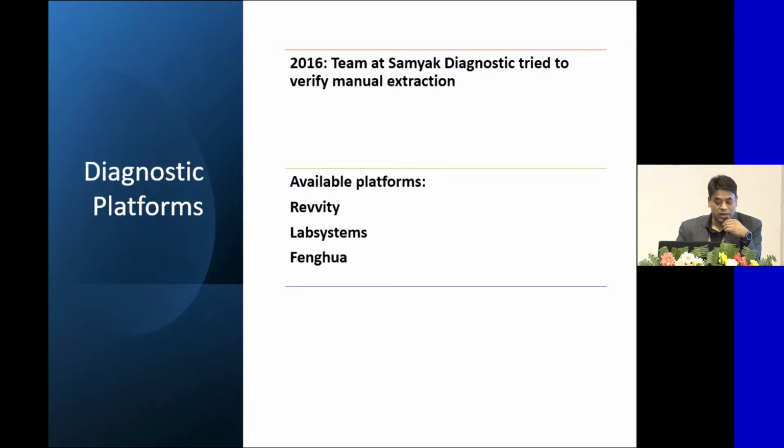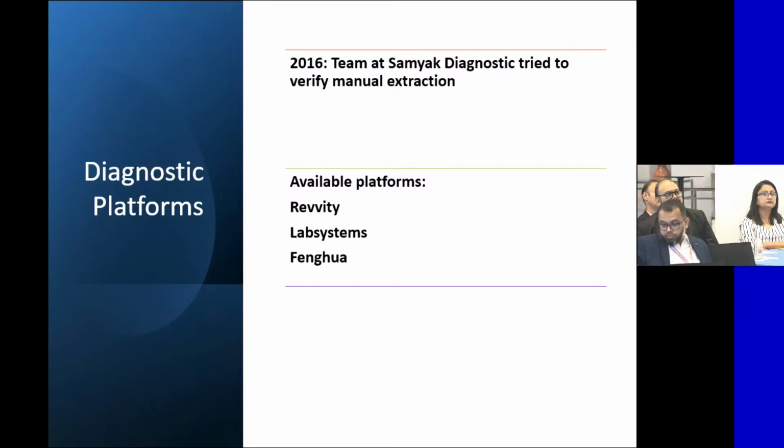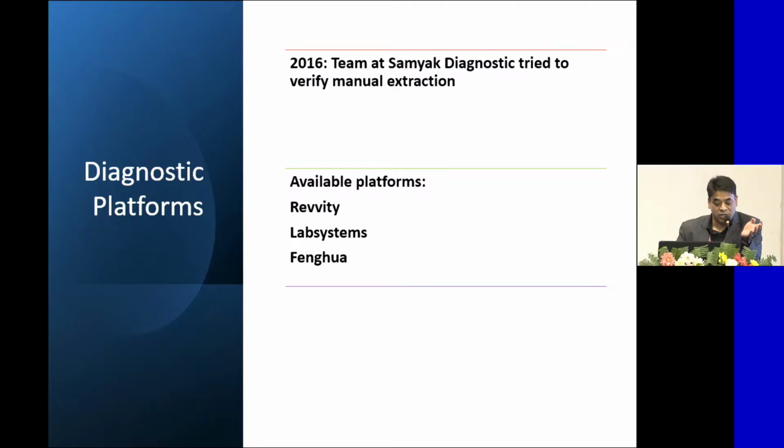I would like to share one project we did at SOMEC Diagnostic back in 2016. Back then there were no available systems to diagnose newborn screening. So what we did at that time was manually extract the samples from the dry blood sample.